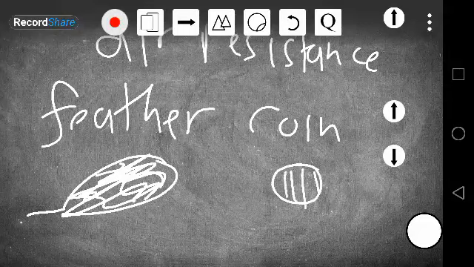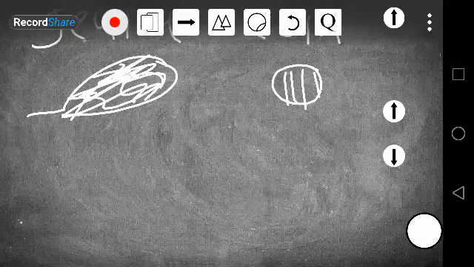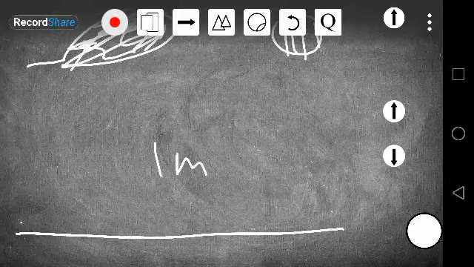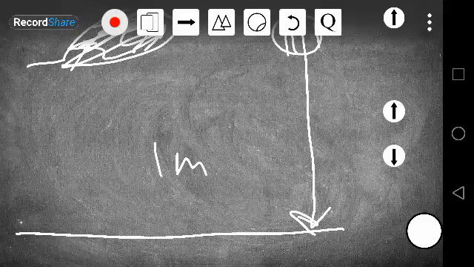Alright? So you'd realize that if they are to fall from a height of maybe 1 meter, the coin is the one that reaches the ground before the feather does.